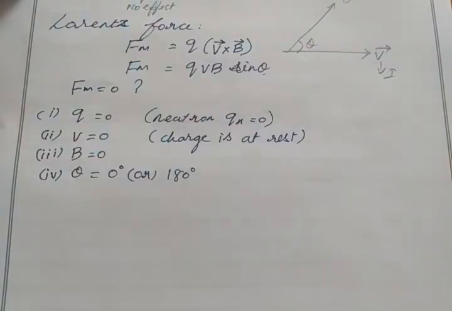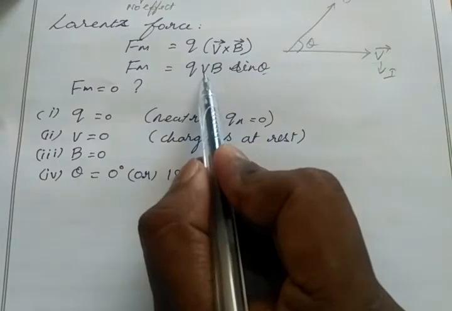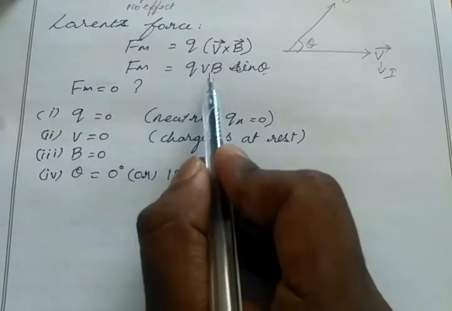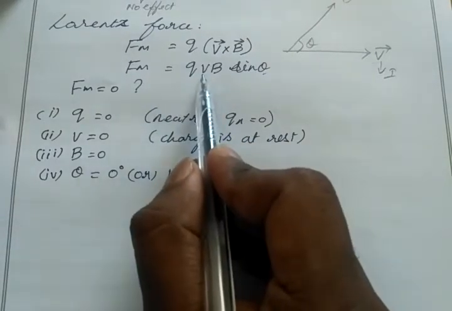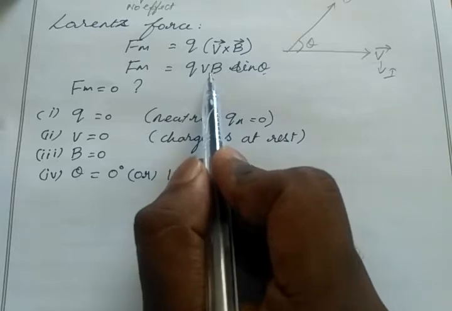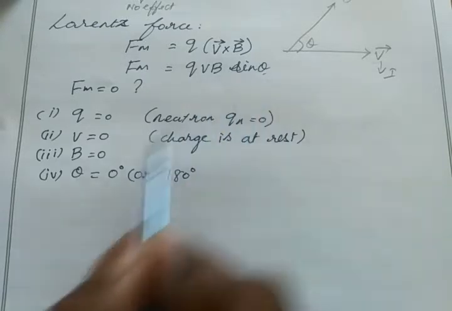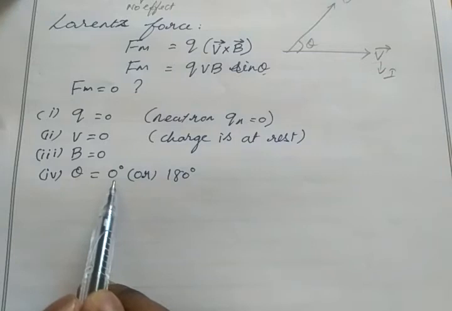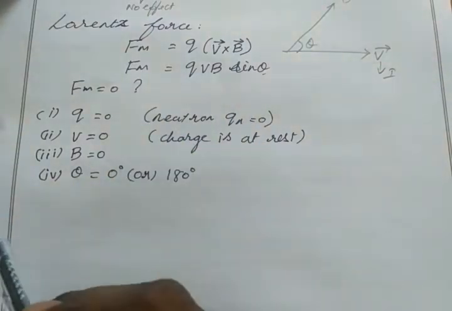So what is theta? Theta is the angle between velocity and magnetic field. If both the velocity of charge and the magnetic field are in the same direction, I get theta equal to 0 degree. So sine 0 will be equal to 0.